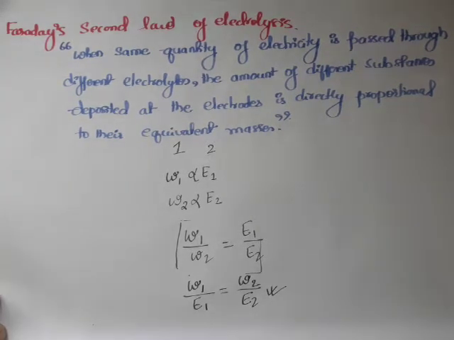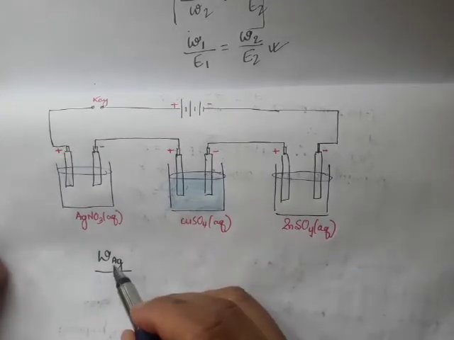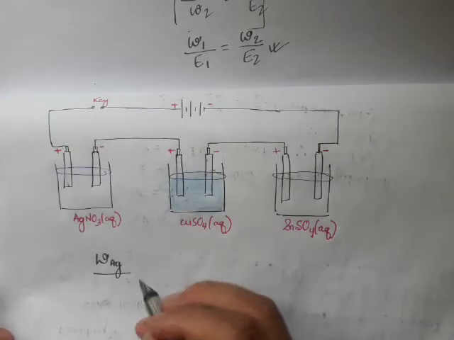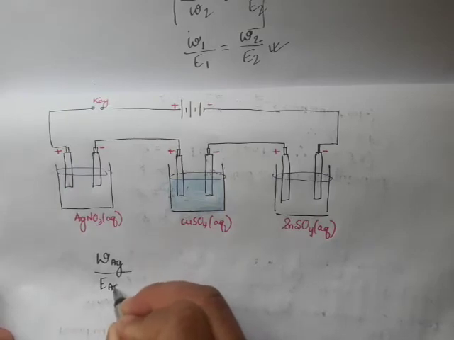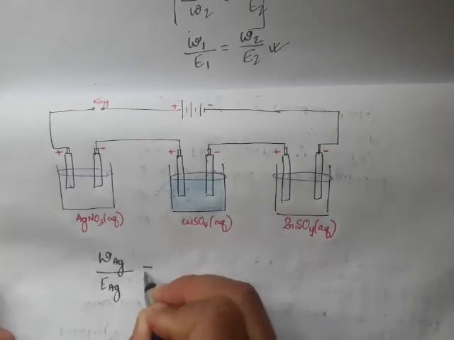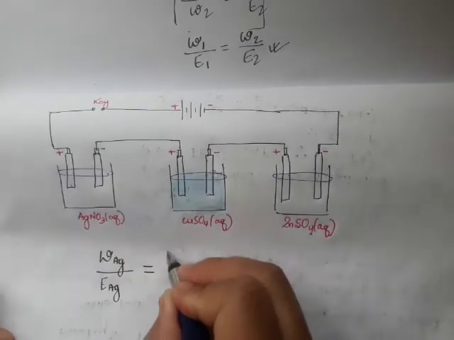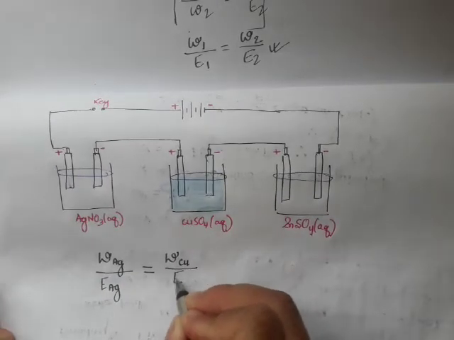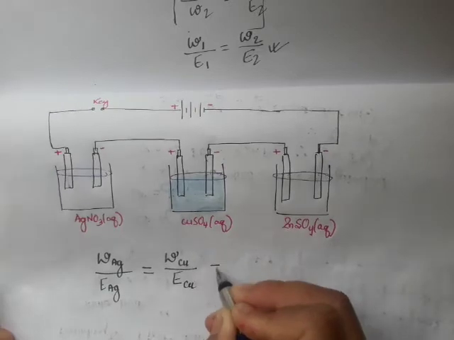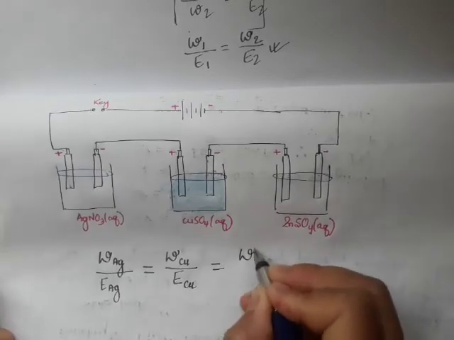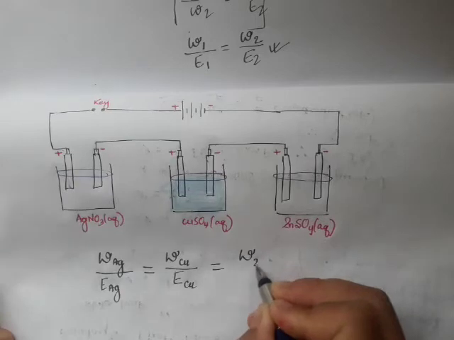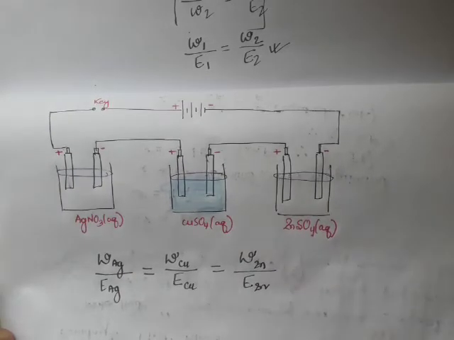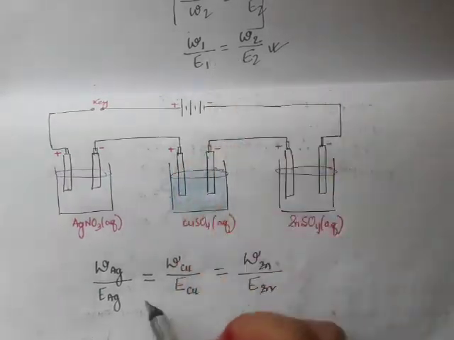So the weight of silver deposited divided by the equivalent weight of silver will be equal to the amount of copper deposited by the equivalent weight of copper, and this will be equal to the amount of zinc deposited by the equivalent weight of zinc.